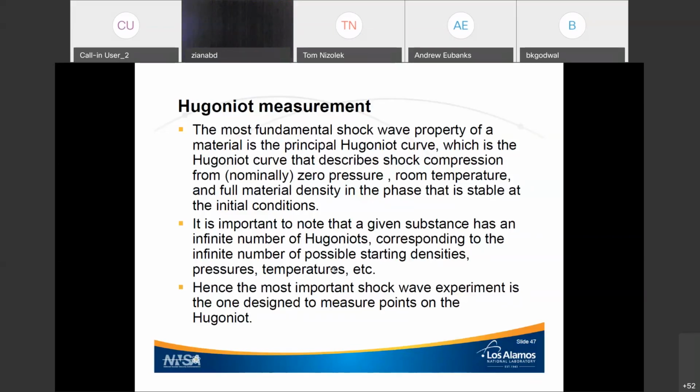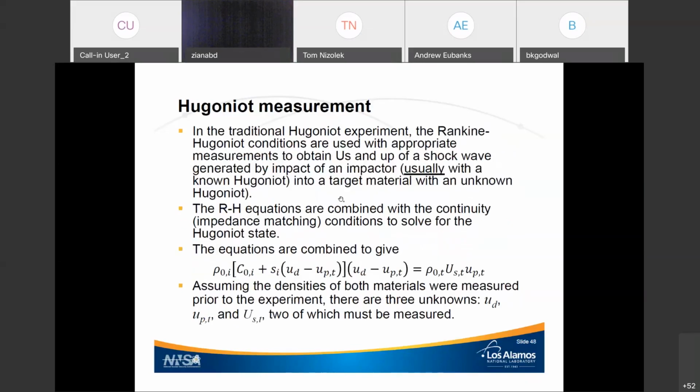The most important shockwave experiment is one designed to measure points on the Hugoniot. The traditional way to do this, you use the Rankine-Hugoniot conditions with appropriate measurements to get US and UP of a shockwave generated by an impactor. Usually the impactor has a known Hugoniot and your target has an unknown Hugoniot, and then the Rankine-Hugoniot equations are combined with the continuity impedance matching conditions to solve for the Hugoniot state.